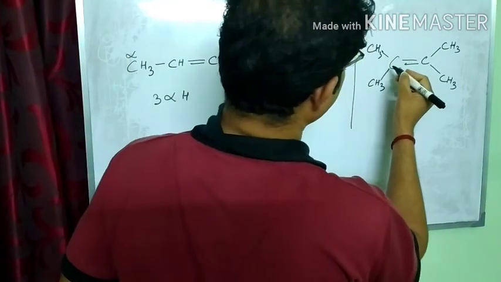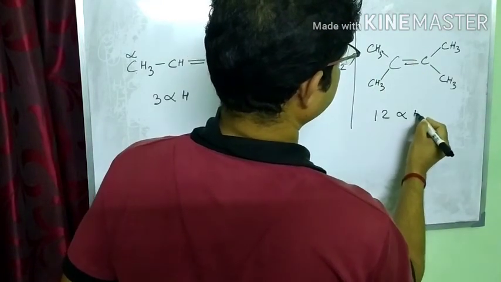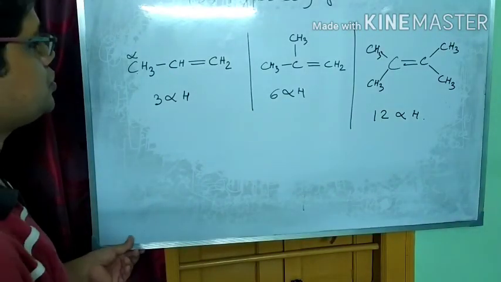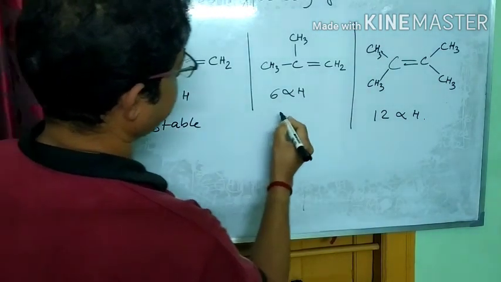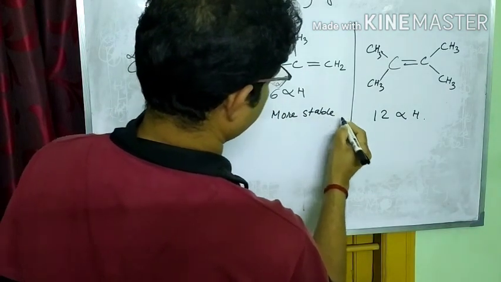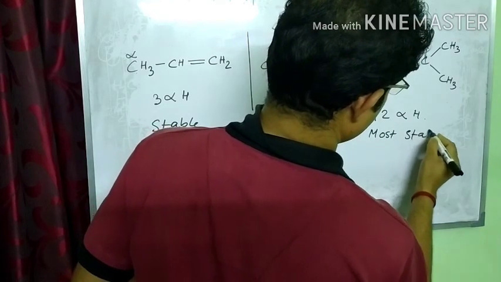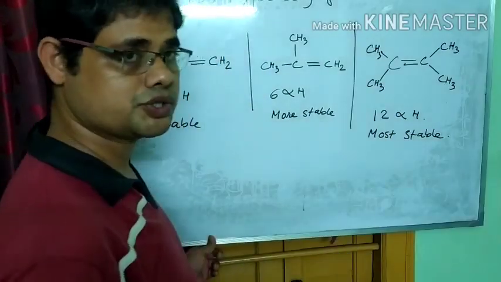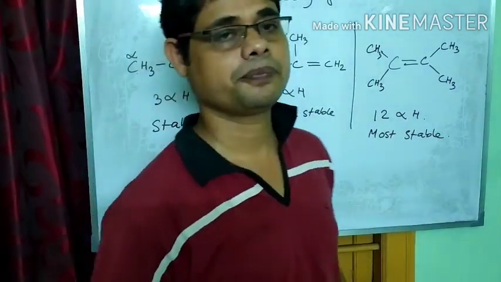And in this compound, there are 3 plus 3 plus 3 plus 3, 12 alpha hydrogens present. So, it is stable, it is more stable, and it is most stable because of these alpha hydrogens. So this is hyperconjugation. That is all for this video. Thank you.